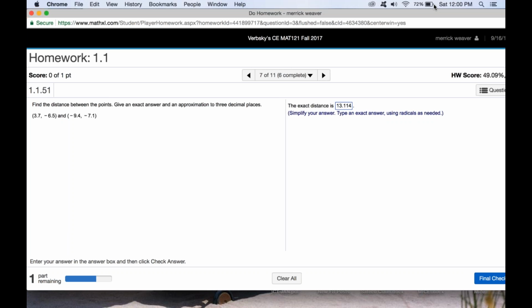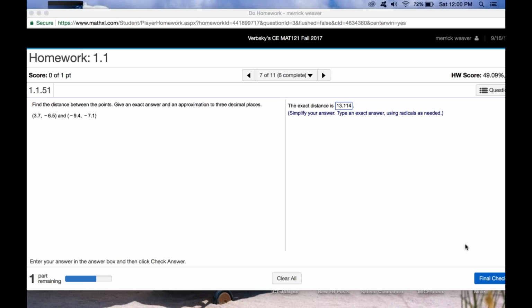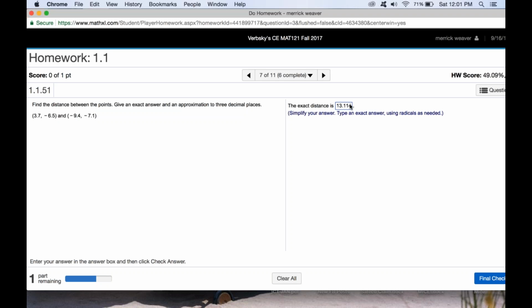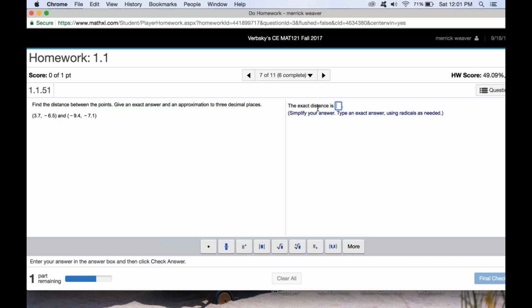That's 13.1. That's 0.6. Give an exact answer and an approximation to 3 decimal places. What you gave was the approximation, not the exact. Okay. The exact answer is the square root of 171.97.